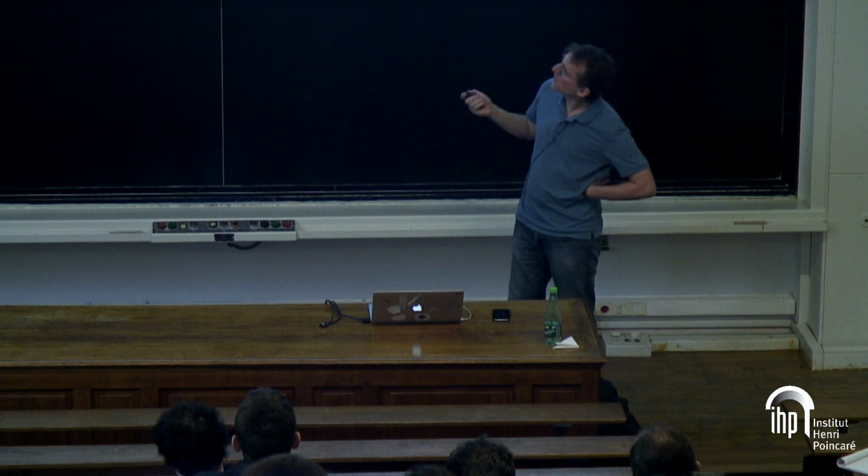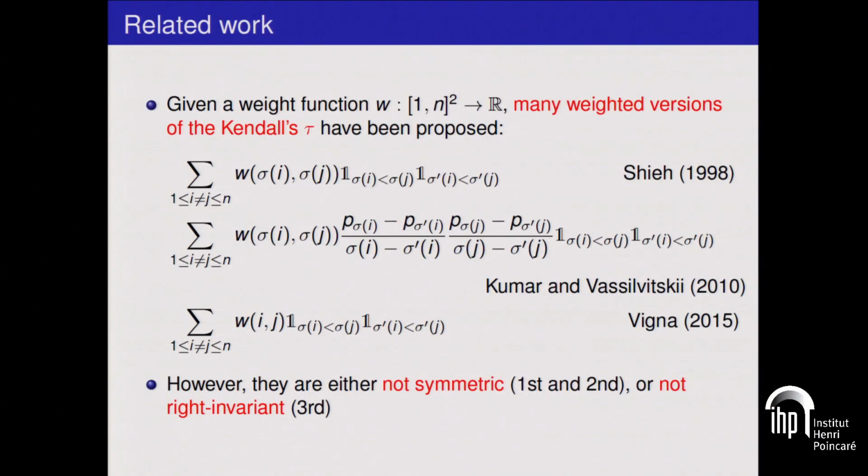And in fact, there are many attempts in the literature to extend the notion of Kendall correlation to a weighted correlation by putting weights on the items or the rank, but none of the existing ones is an inner product, for different reasons, either because they are not symmetric or not right invariant, and we want something which is right invariant.